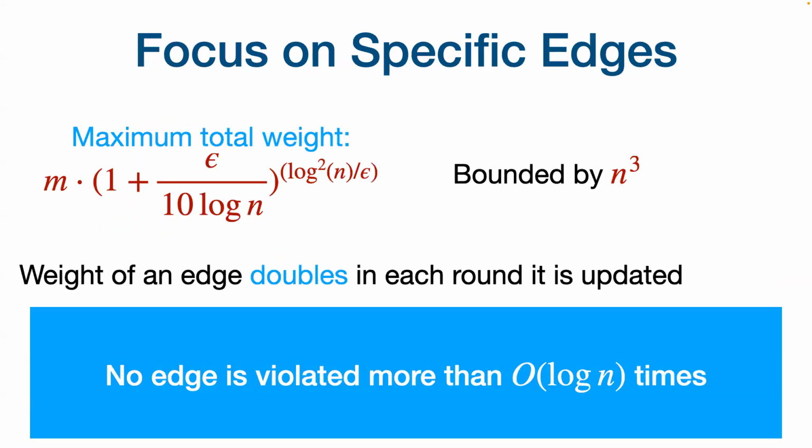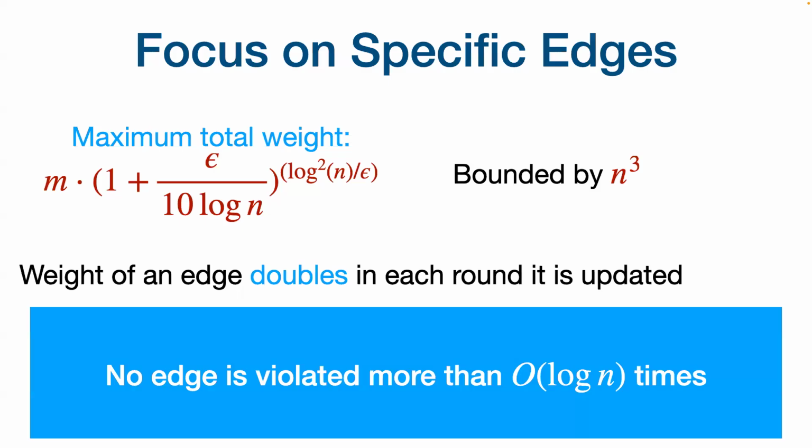So we said that the total weight of the edges goes up by 1 plus epsilon over 10 log n factors. Initially, we started out by giving importance 1 to all my edges, so the starting weight was m. The maximum total weight can only be at most this, because it's just log square n over epsilon iterations. So this is bounded by n cube as well, something like that.